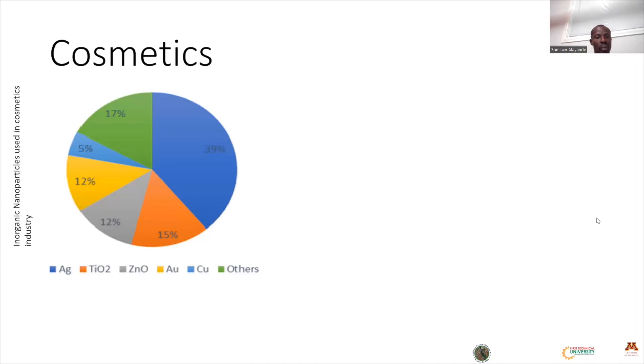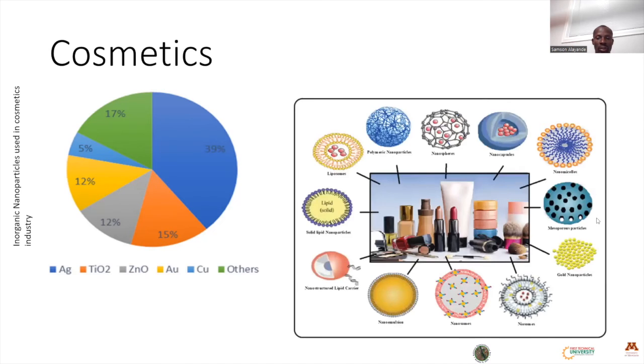Silver has a very prominent antimicrobial property, and titanium dioxide, zinc oxide, gold, and copper have all found application in cosmetics, ranging from antimicrobial to anti-shield applications. Several cosmetic products based on nanomaterials and nano concepts have been developed.